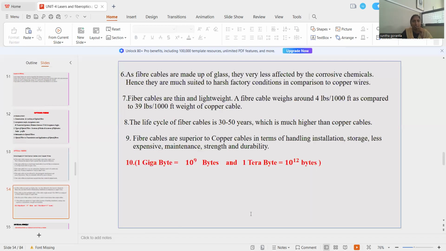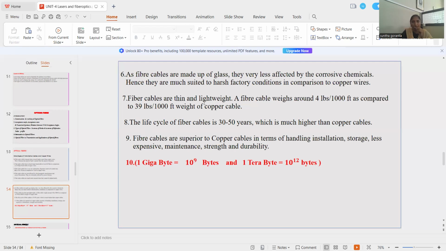Next, as fiber cables are made of glass, they are very less affected by corrosive chemicals. Hence, they are much better suited to harsh factory conditions in comparison to copper wires.